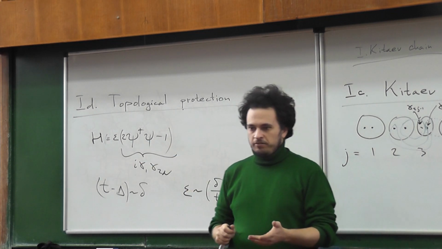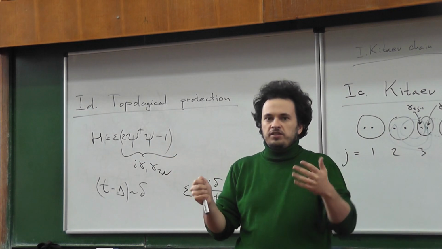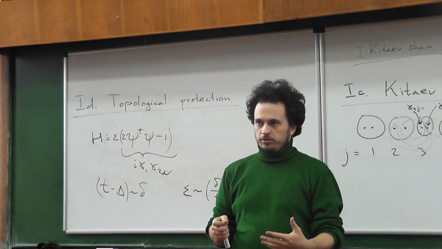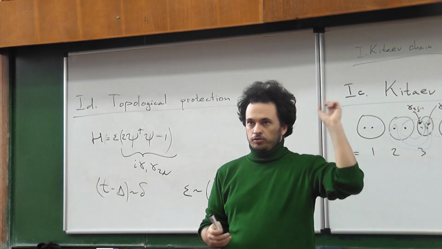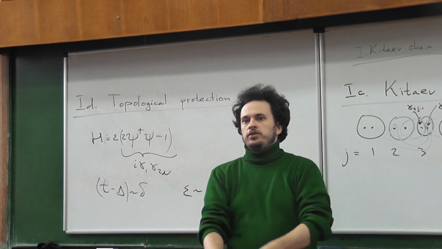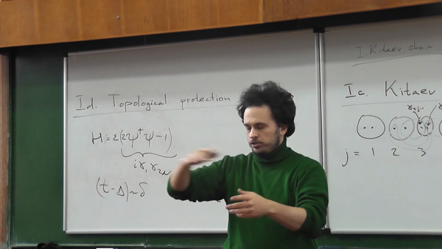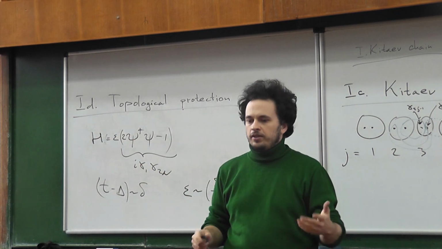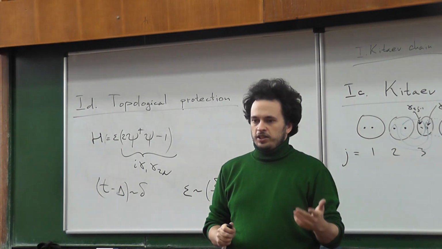The problem, however, is the product of all Majoranas is a very non-local operator. It's like the density on site 1 times the density on site 2 times the density on site 3 and so on. It's very unlikely to get such an operator.